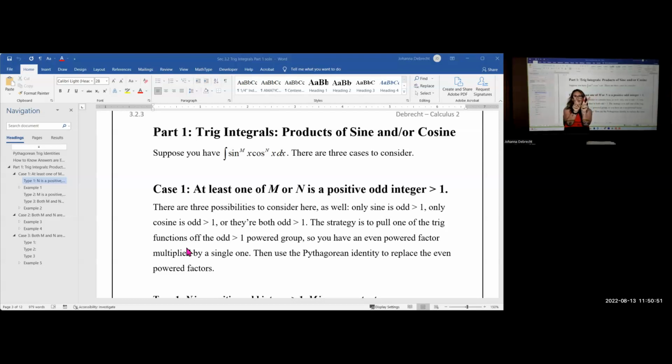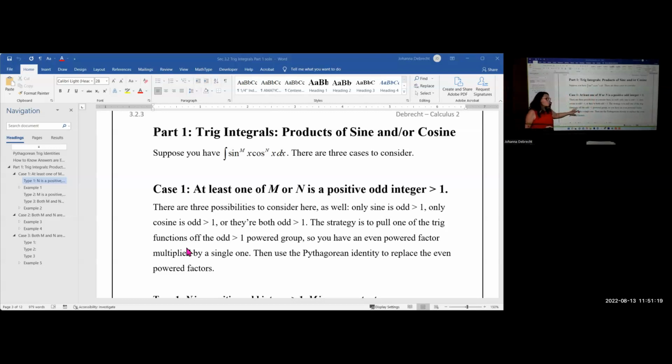Now, if you put them together, it makes sine cubed, but we're going to split them up. So out of the odd power greater than 1, we're going to pull 1 away by itself. And then what's left over has to be even. If it started odd and you pull 1 off, what's left has to be even. If it had been sine to the fifth, when you pull 1 off, you get 4 left, which is still even.